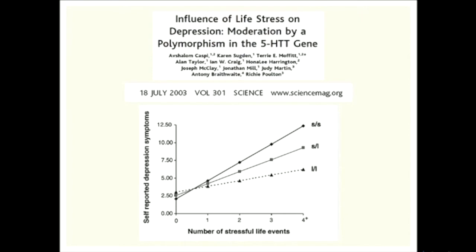As I said, this is controversial, but it is one of the best examples that we have of a gene-environment interaction effect. And it's been extended to other psychiatric outcomes, and a lot of other research has been done in this area.